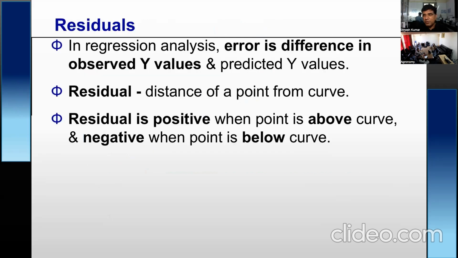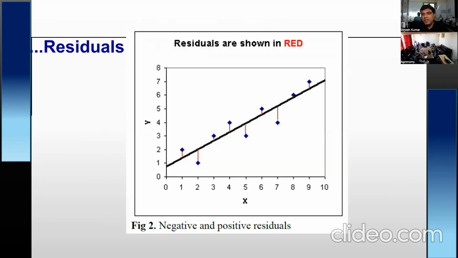And then I told you about residuals; the differences which remain unrepresented are residuals. You can see here the blue squares are your actual, observed data, represented by capital Y. On the line you also get some data, and you take the difference, how far it is. These are all residuals, represented by the red line, and this is called error.